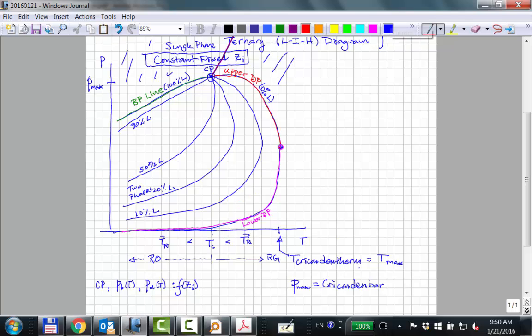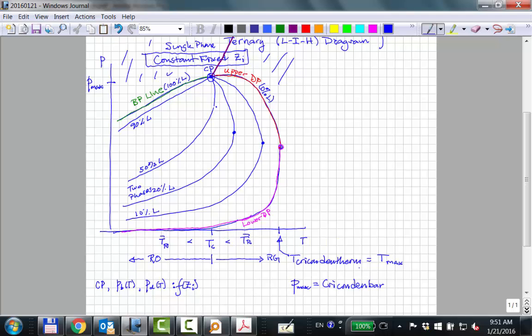So what I'm going to do now is take one of these curves, like the 10% liquid dropout curve, okay? And what we see is that there's a maximum temperature, and I'm going to mark that like this. If you go to the 20% line, that maximum temperature may be right here.